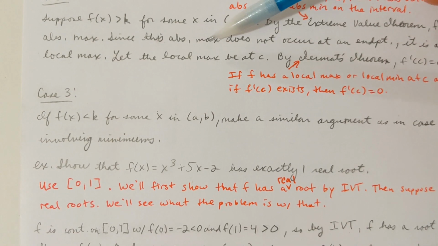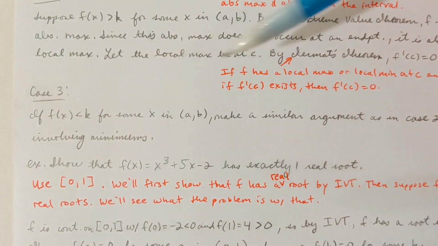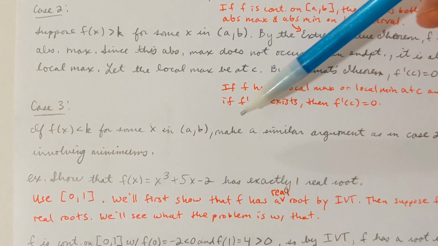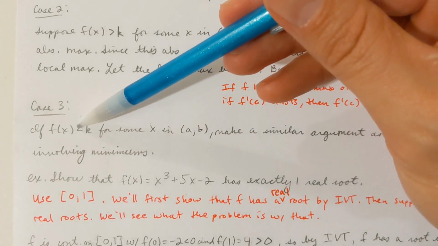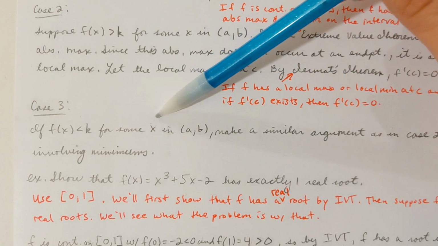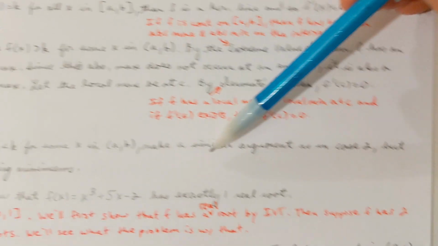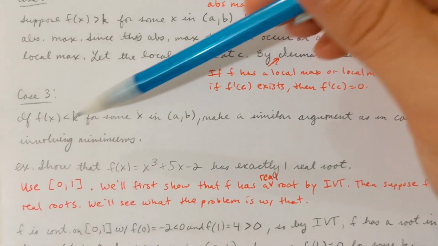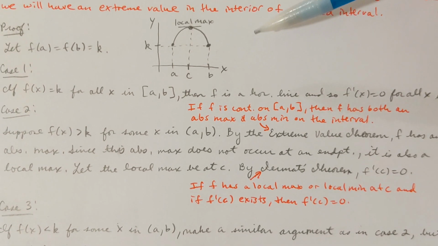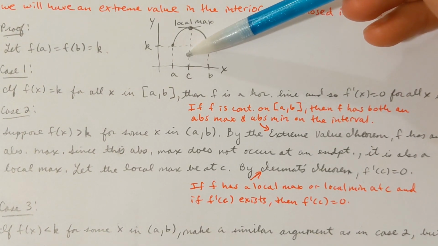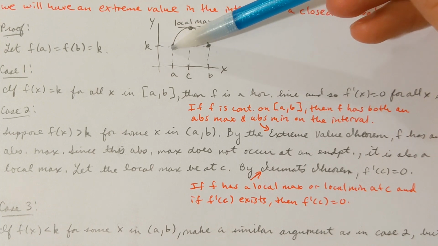Now, case 3 is saying a similar deal as in case 2, but in the situation where you have a minimum value. So if f(x) is less than k for some x in the interval (a,b), make a similar argument as in case 2, but involving minimums. In that situation, you're going to have some number that is producing a y value less than k.